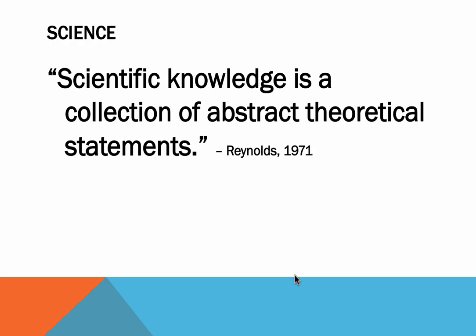So what is science? The idea is that we are researchers, we're scholars who want to produce science or scientific knowledge. So scientific knowledge, now think about this, is a collection of abstract theoretical statements. So our knowledge, how do we know what we know, is based on concepts and relating all these concepts to one another.